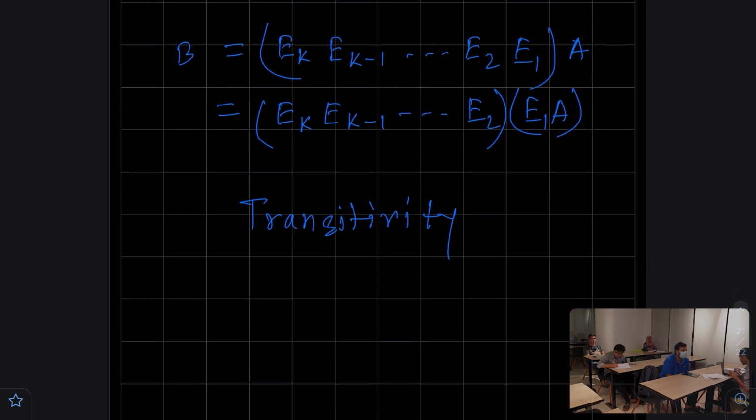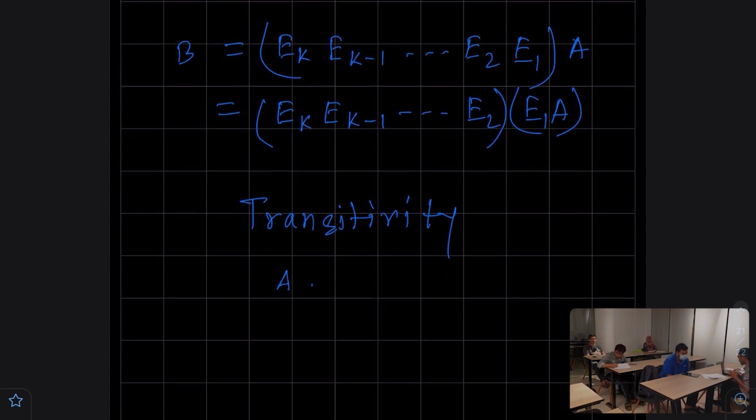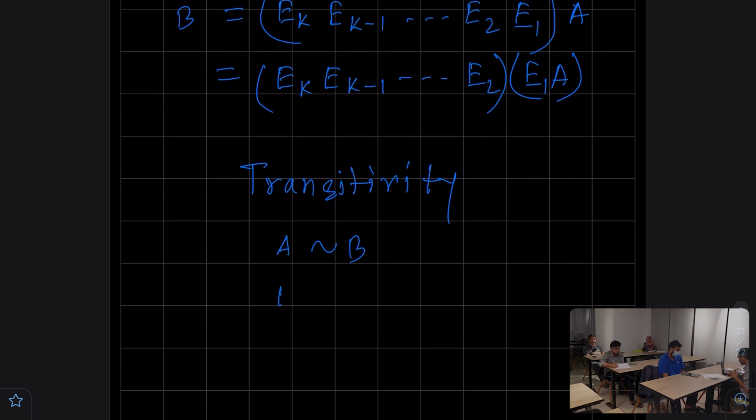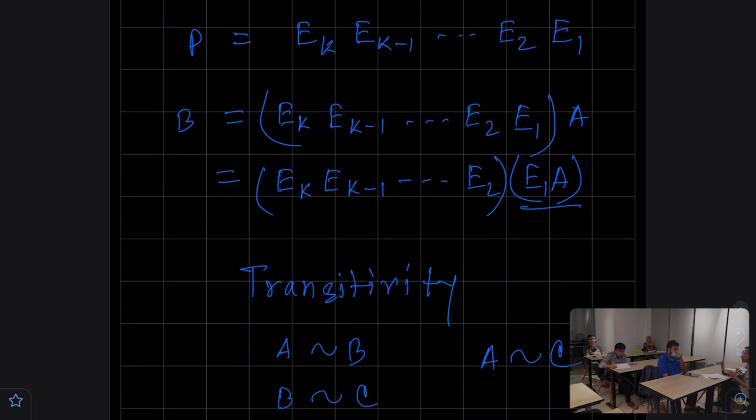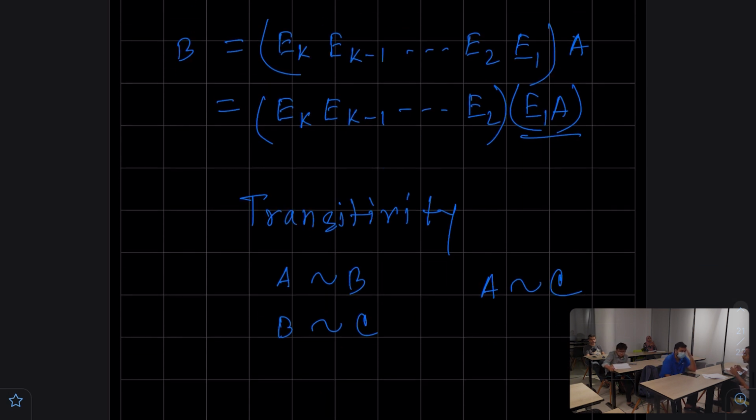And transitivity is actually what? If A is equivalent to B and B is equivalent to C, then A is equivalent to C. So from this definition, A is the original matrix here, and if I multiply it by E1, then this will be the equivalent matrix of A, right?